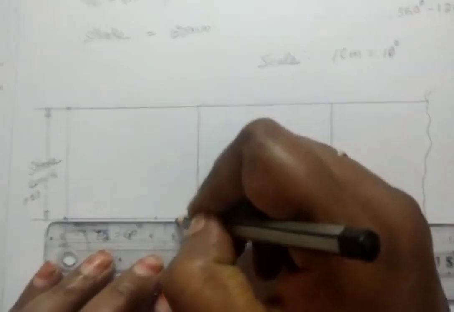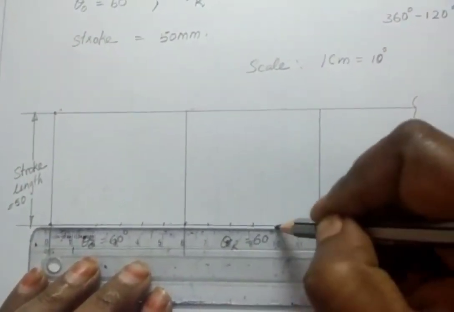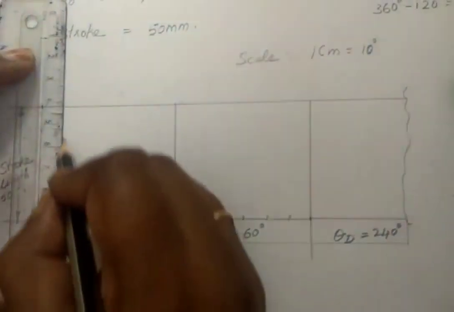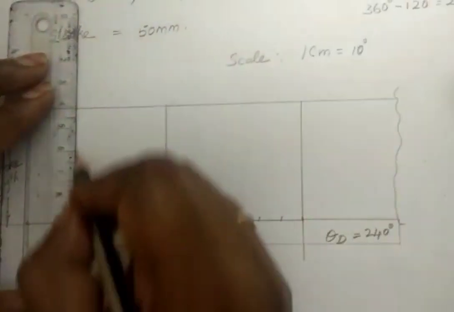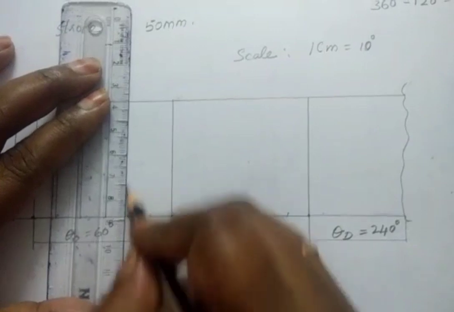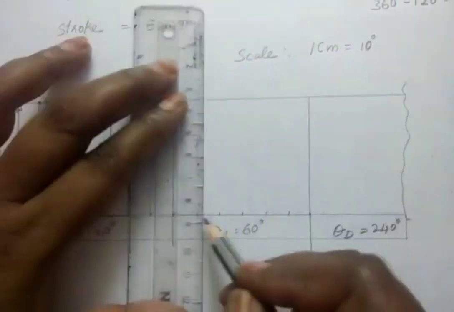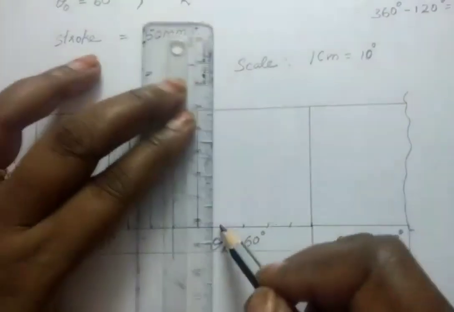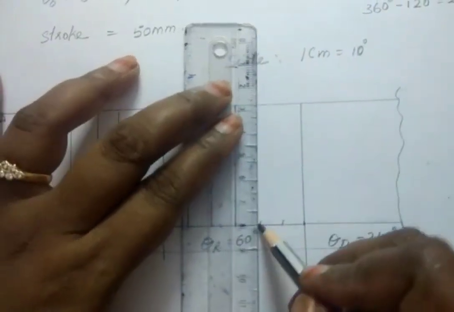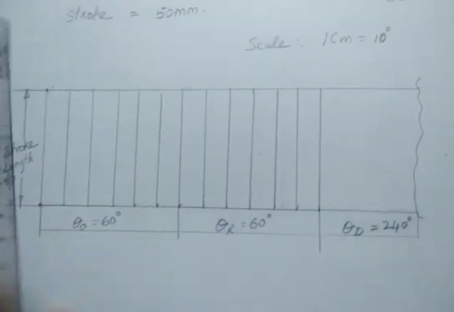Either make 6 or more than 6, because each and every point you have to locate on the cam profile; only then will you get the cam profile smoothly. If you have more points, you get a very smooth cam profile. So I made 6 equal parts, an even number. You can make 6 or 8.